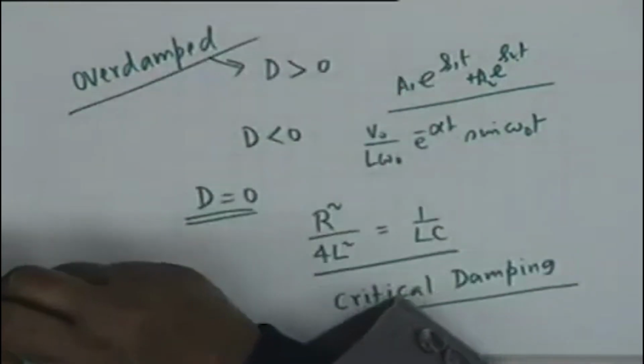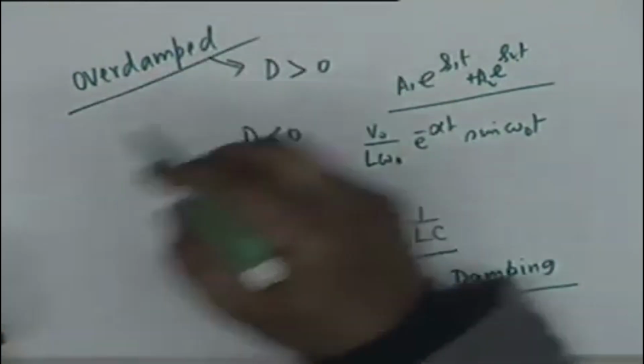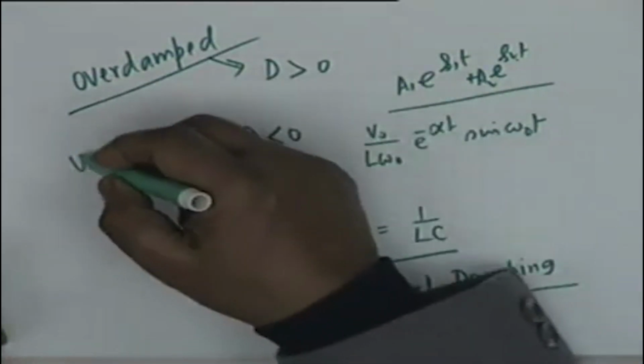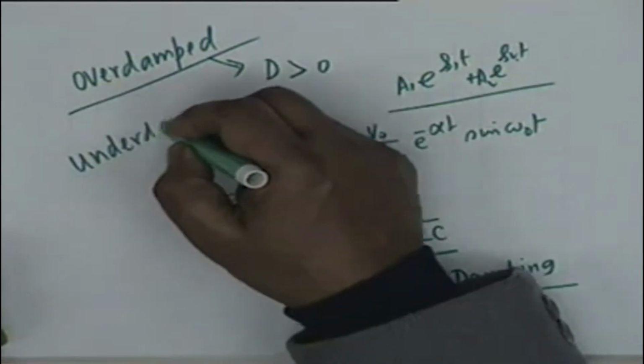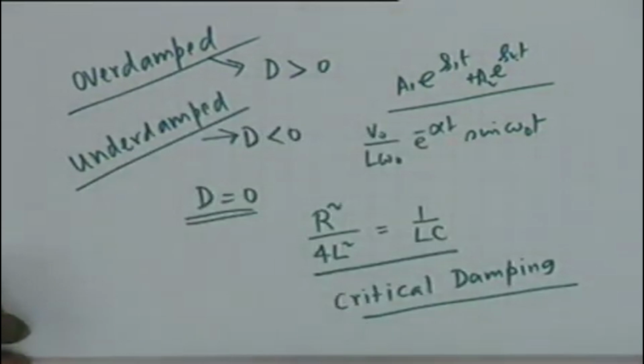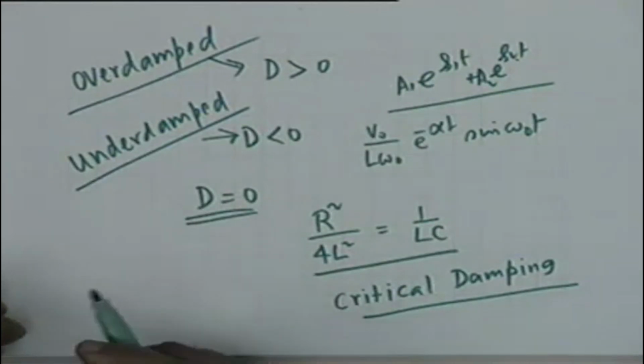Overdamped means no oscillations in the natural response, and naturally D less than 0 should be called an underdamped case. And D equal to 0 is the so called critical damping case. It determines the boundary between oscillations and no oscillations.